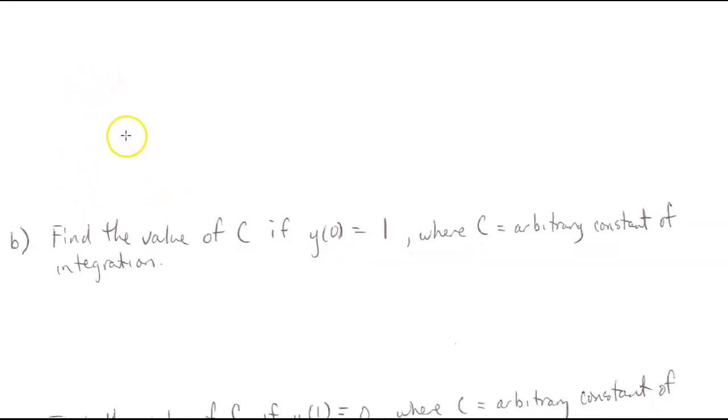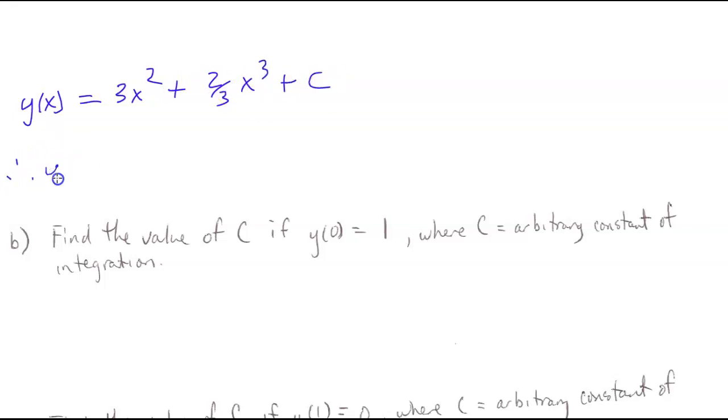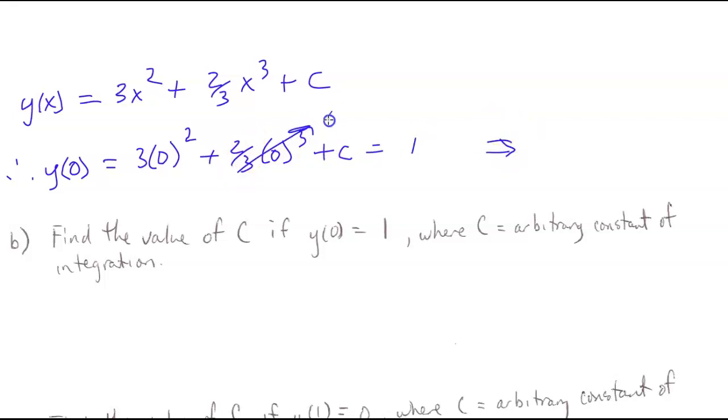And so if we look at that, and I'll actually do the work up here, we know that since we have y of x to be 3x squared plus 2/3 x cubed plus c, that means that y of 0 is going to be 3 times 0 squared plus 2/3 times 0 cubed plus c equals 1. And both of these terms end up going to 0, so c just ends up being 1 in that case.